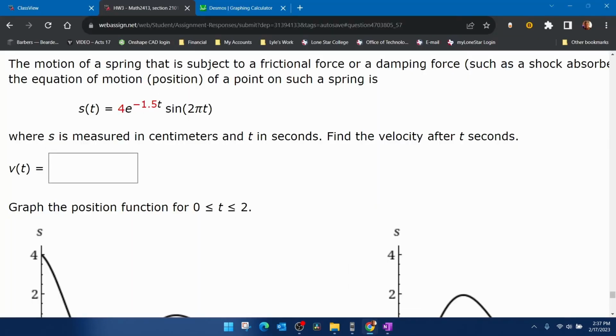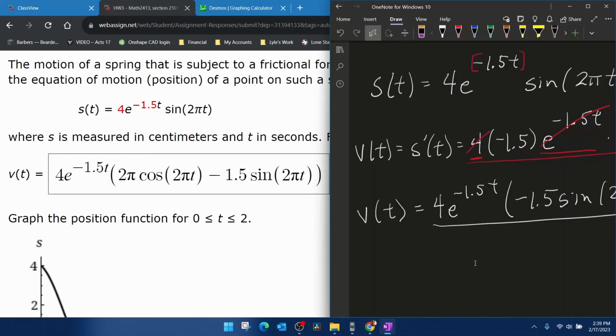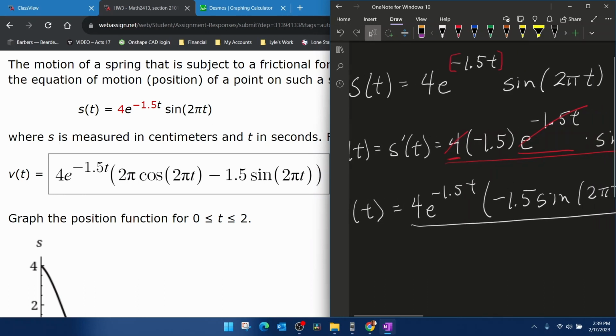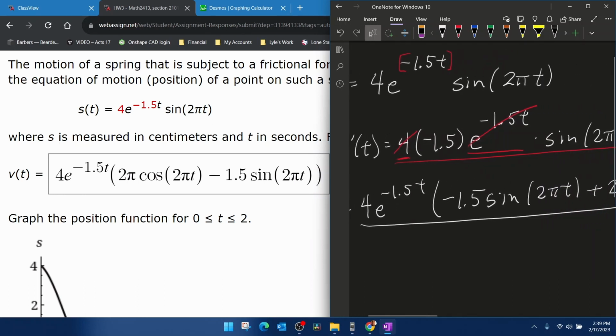Oh my gosh. And so they do ask me to input that as a function. Yeah, dude, that was not fun at all. But let's see if I can show you what I've done here. I've got my 4e to the negative 1.5t in front of the parentheses.